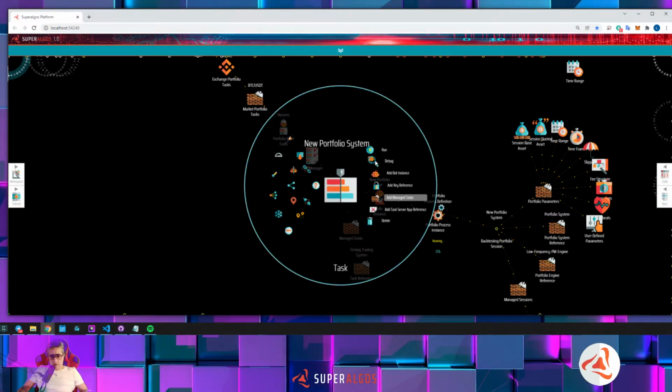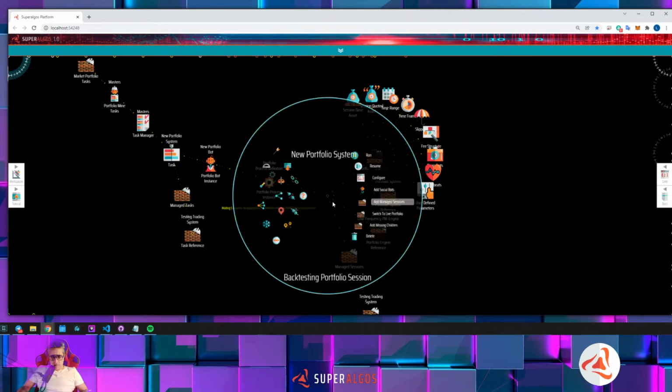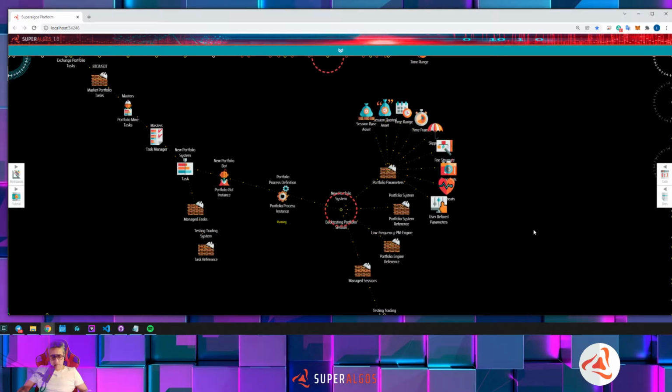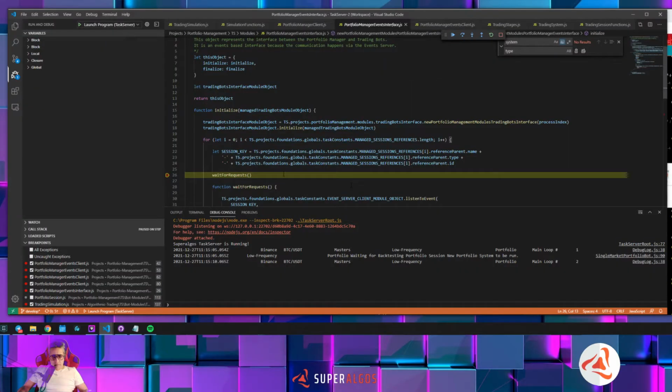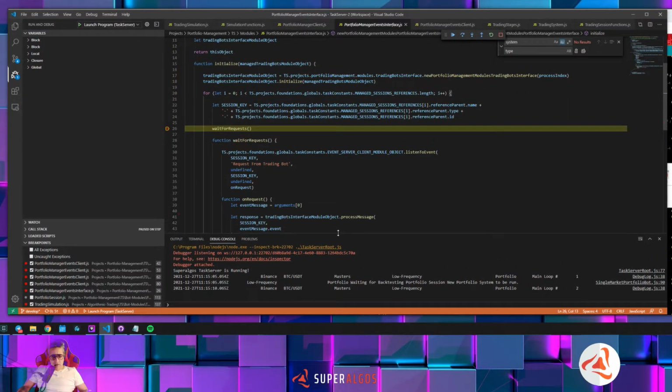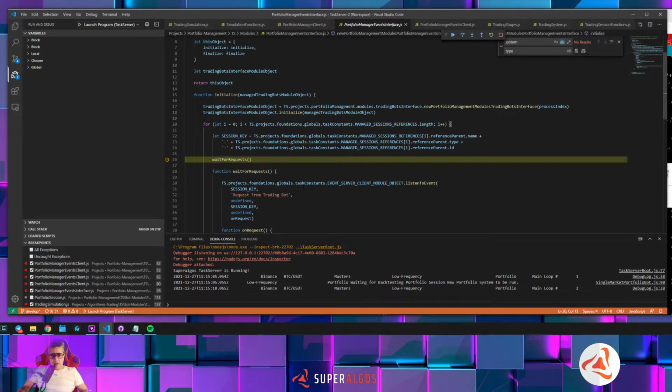We connect it from here. Debug it from here. And you will get it here. Wait for responses. Where are we?